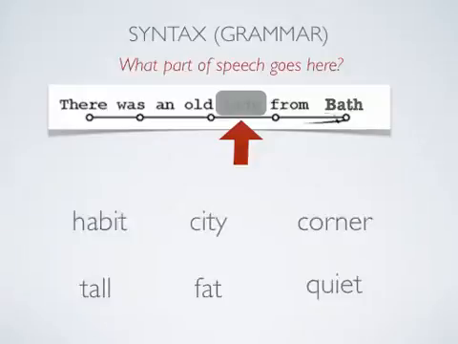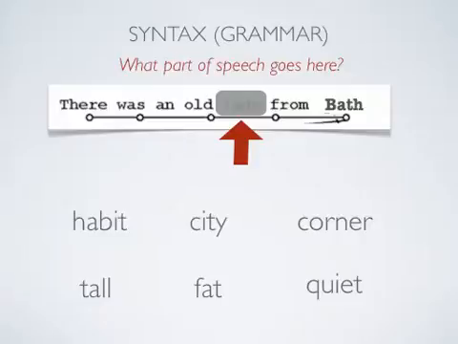So relying on the syntactic queuing system only, a reader might read, there was an old habit, there was an old city, or there was an old corner. These are all examples of putting a noun after this adjective. But sometimes we do put two adjectives together in the English language. So saying there was an old, tall, or an old fat, or an old quiet would work until the reader realized that what follows this word is not a noun.